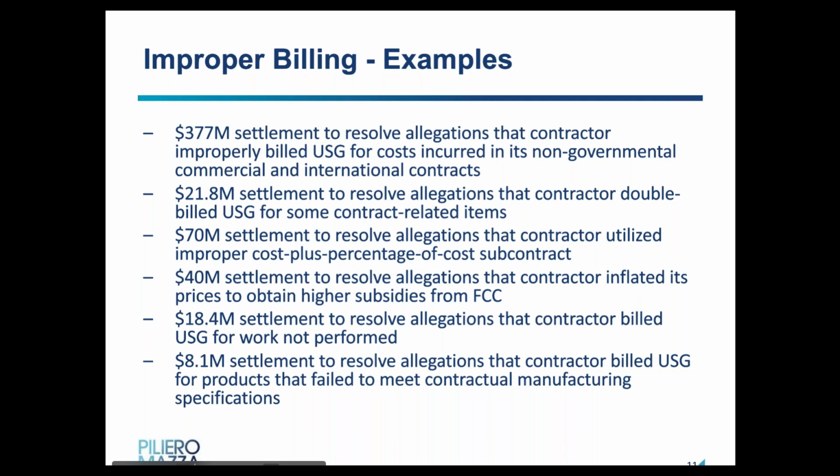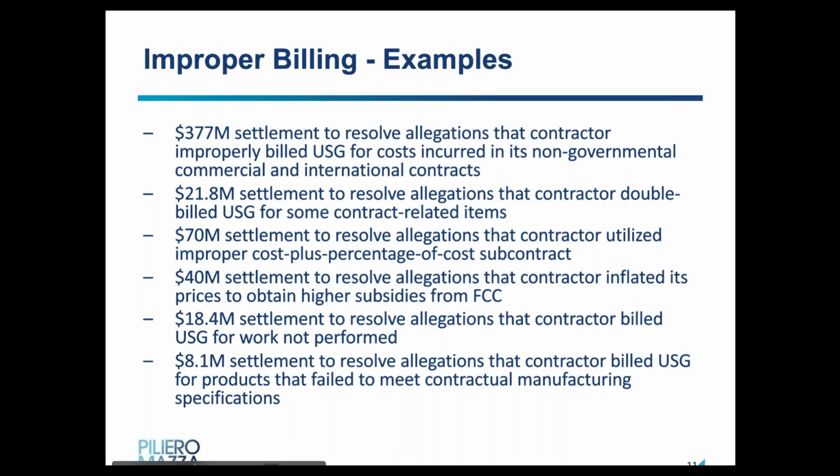The settlement was to resolve allegations that the contractor improperly billed indirect costs to the government. The government had alleged that the contractor improperly allocated to its government contracts indirect costs that were associated with non-government commercial and international contracts that either had no relationship to the government contracts or that were allocated to those contracts in disproportionate amounts.